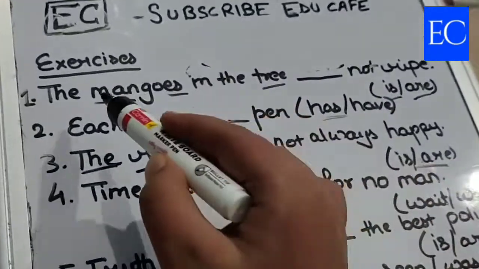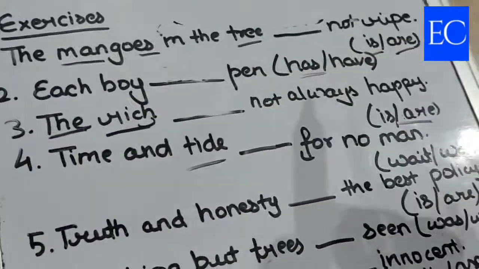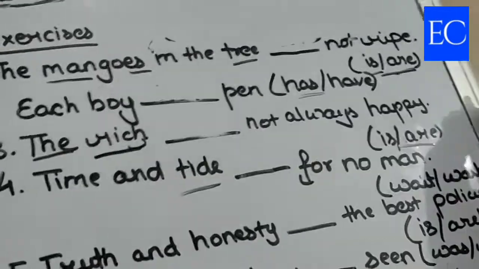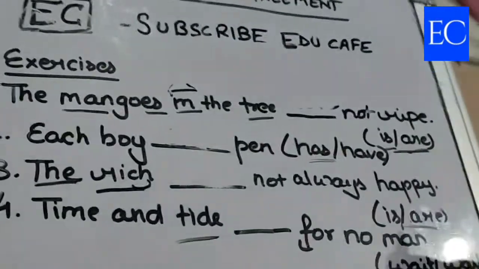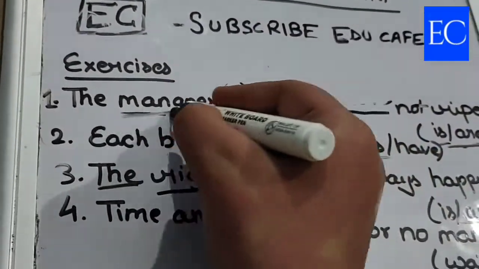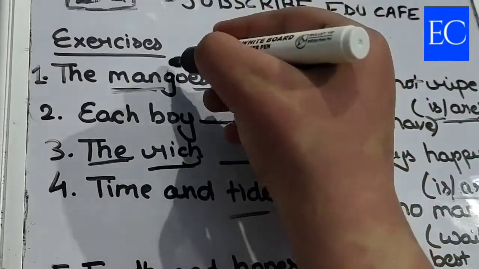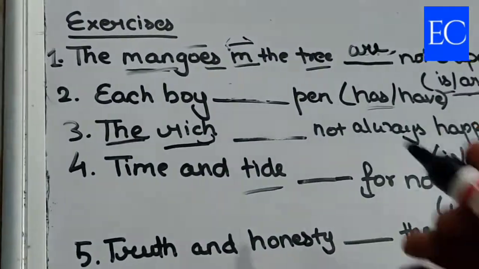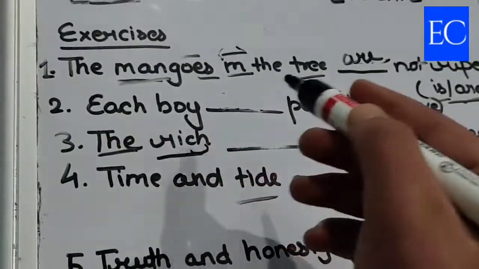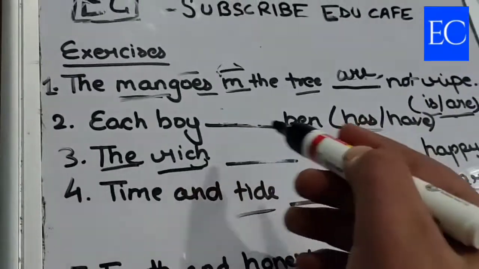The first one is "the mangoes in the tree dash not ripe." The two options are "is" and "are". We know that when two nouns are connected by a preposition, which is "in", then the verb will always be in accordance with the first noun. The first noun is mangoes, which is plural. So the verb will also be plural, that is "are". The mangoes in the tree are not ripe. "Each boy dash pen."